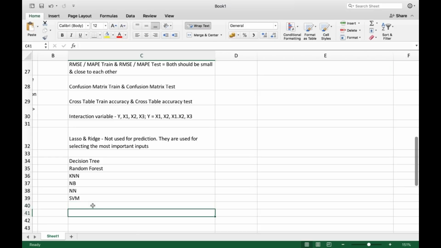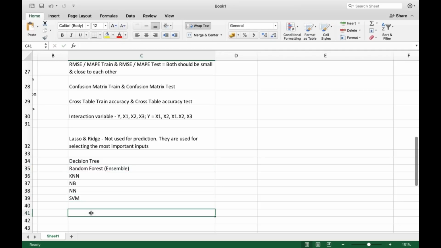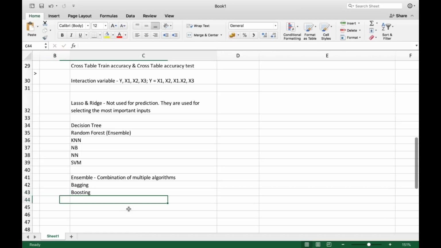Boosting and bagging, and so on and so forth. So here we have something called an ensemble technique. Okay. What is an ensemble technique? Ensemble technique is a combination of multiple algorithms. Okay. And within ensemble, there is something called bagging, boosting, and stacking.